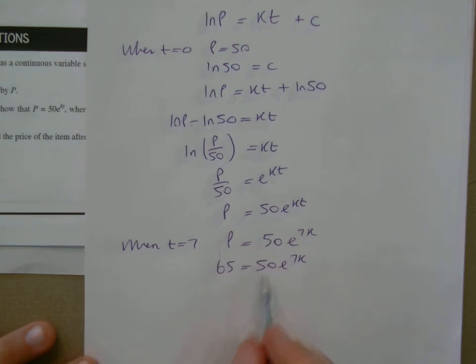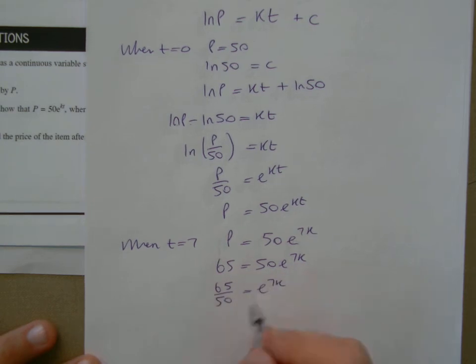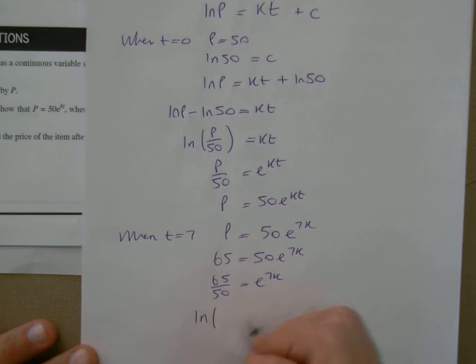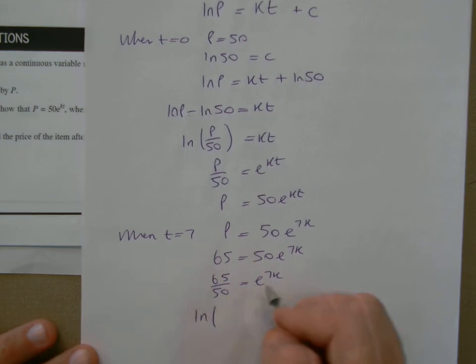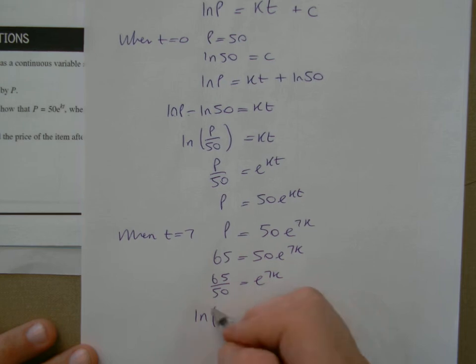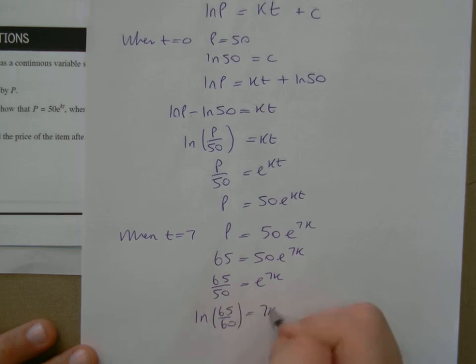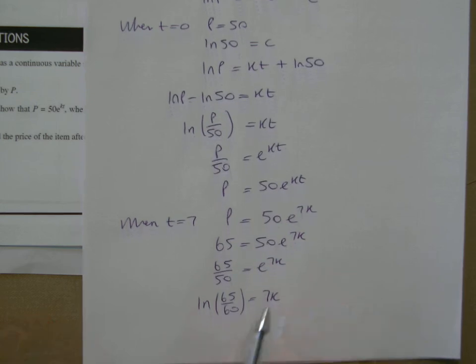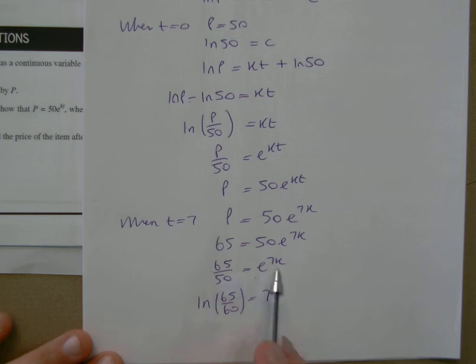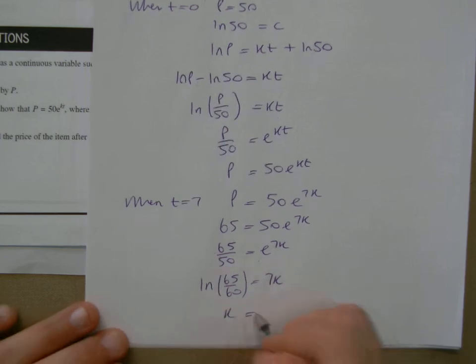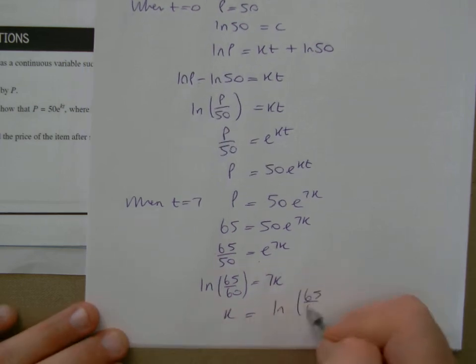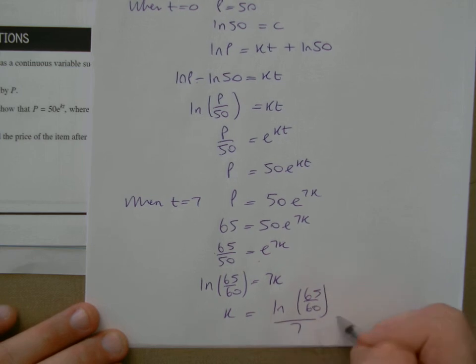So then we can take the 50 over, because e to the 7k, and then we can take the e over. When you take the e over, remember you do the opposite, and the opposite function of e, the inverse of it, is ln. So then you've got ln of that side, and then take the 7 over. So k will be ln of 65 over 50, divided by 7.